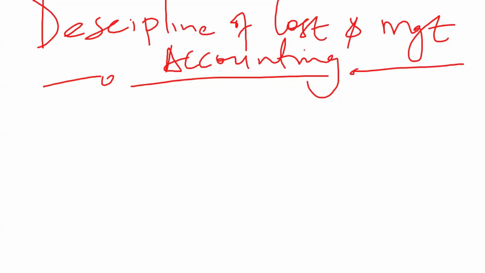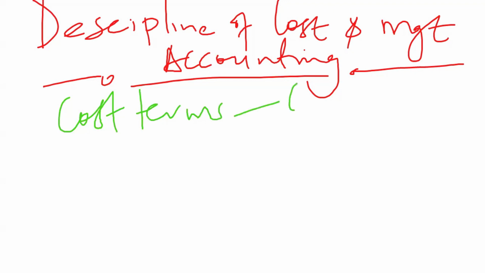So this is going to be more of an introduction, even though we did an introduction on cost and management accounting, but we are going to talk about some items. We are going to repeat some things, the cost terms that we talked about.